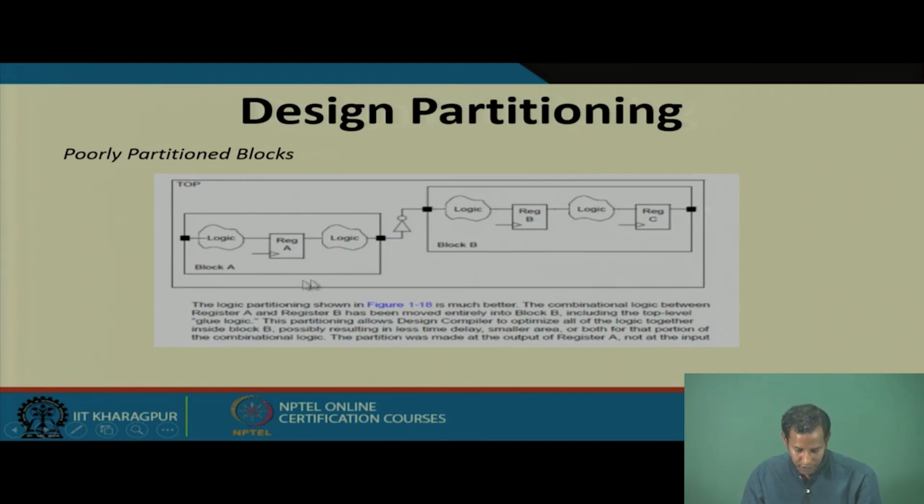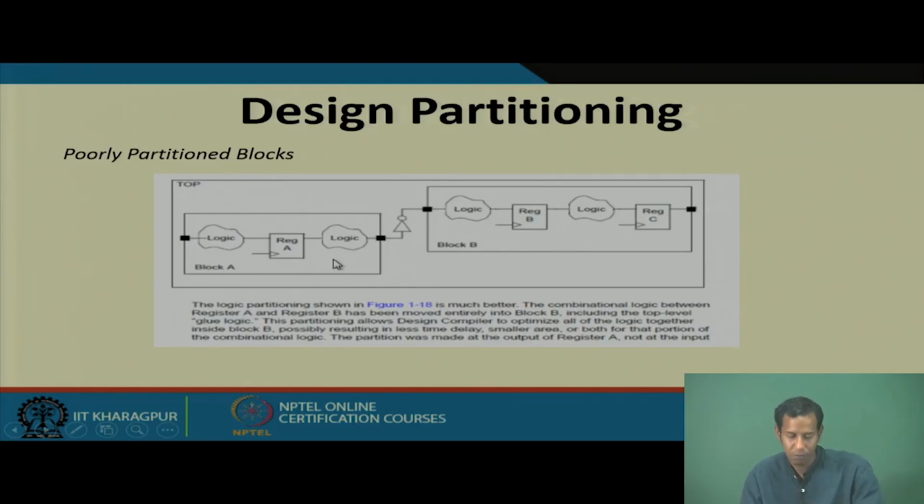The critical path for block A is only this logic. The critical path for block B is this logic. Now, whenever we combine block A and block B, it will be 2 T logic plus this inverter delay. So, this is a poorly partitioned block.